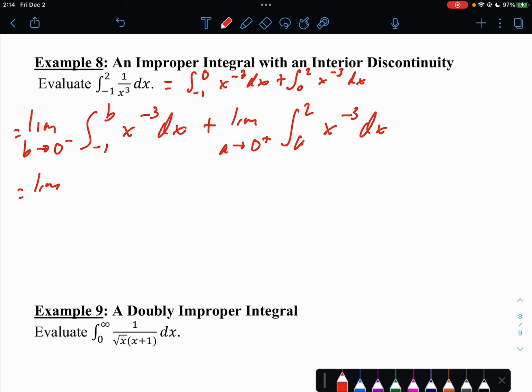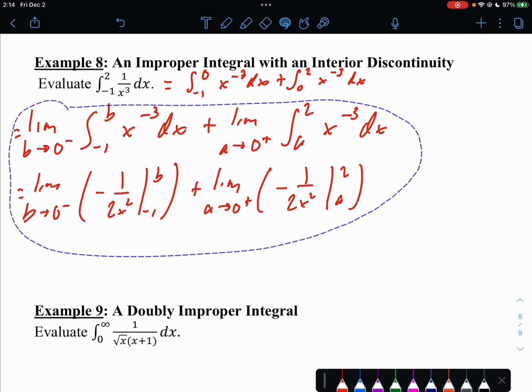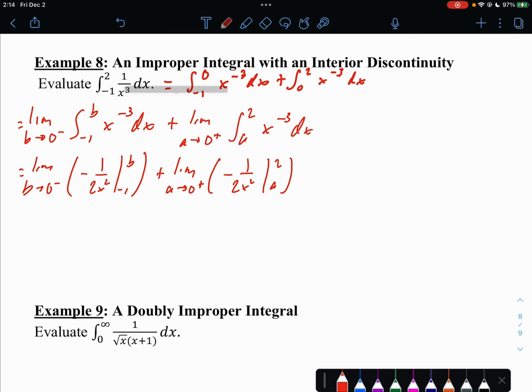All right, now I can take my antiderivatives. X to the negative 2 over negative 2, so negative 1 over 2x squared again, from negative 1 to b. Let me make this a little smaller as I'm running out of room.